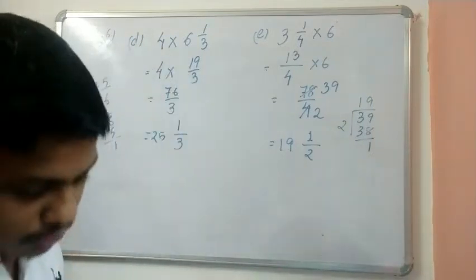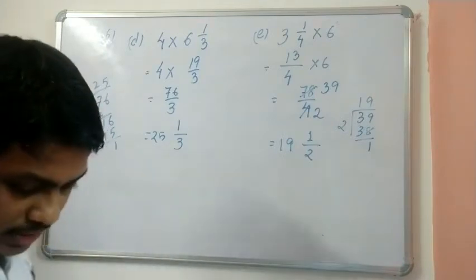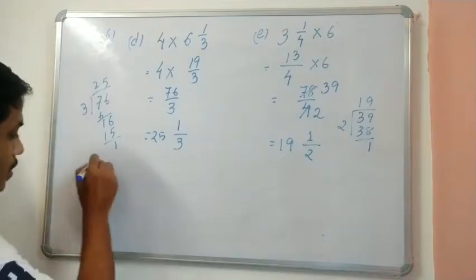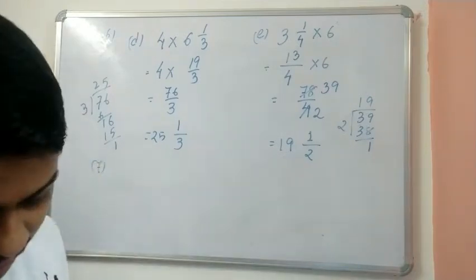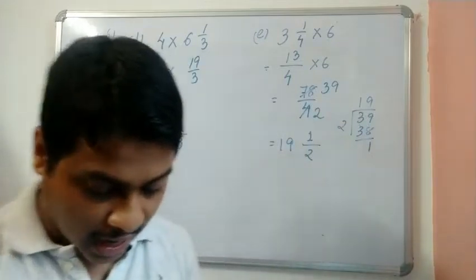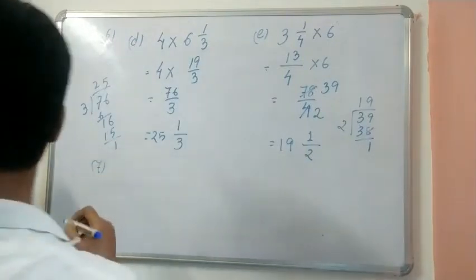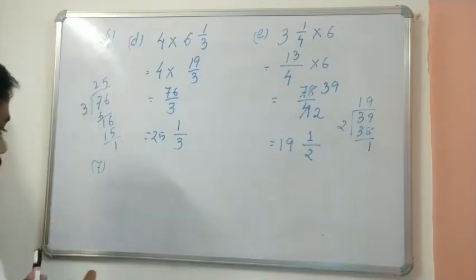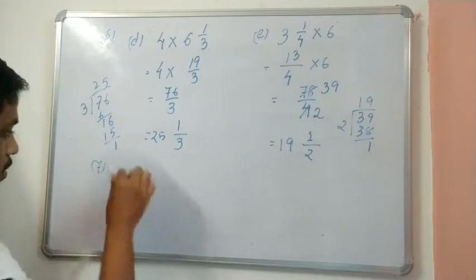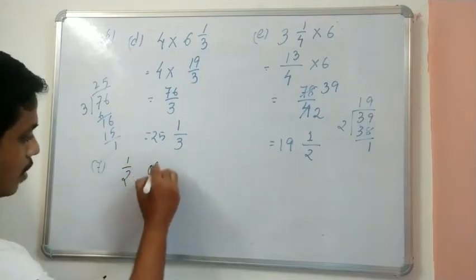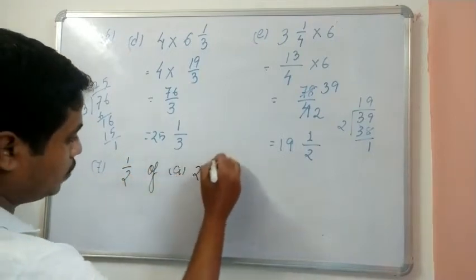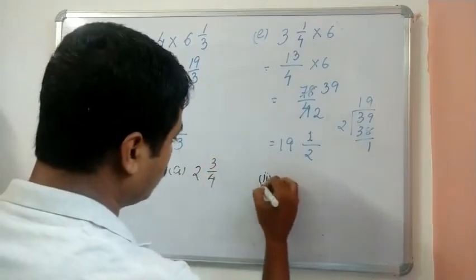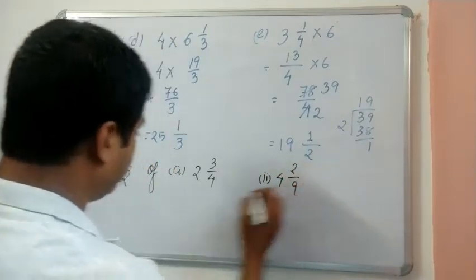Now I go to question number 7, which is similar to question number 5. It is given: find half of, question A, 2 3 by 4, and the second one is 4 2 by 9.